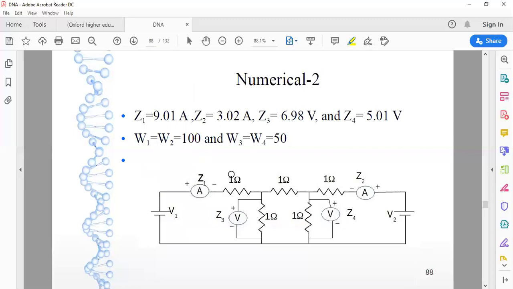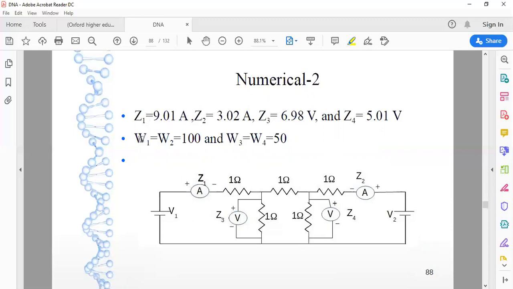One more numerical I would like to discuss. Over here we have four components, two ammeters and two voltmeters. So M is equal to 4, and the values for the measured variables are Z1 equal to 9.01 ampere, Z2 equal to 3.02 ampere, Z3 equal to 6.98 volt, and Z4 equal to 5.01 volt.